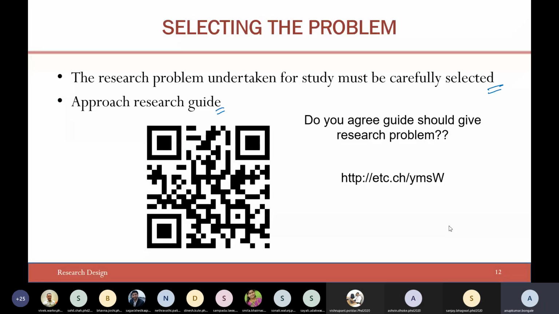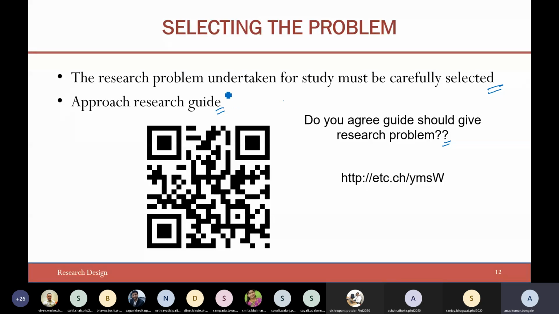Many of you have mentioned that the guide is not the person who should give the problem statement, which is a good thought. In fact, that is how things are. Most of the time, the research supervisor is there to help you out and guide you through all the hurdles, but not in formulating the research problem.